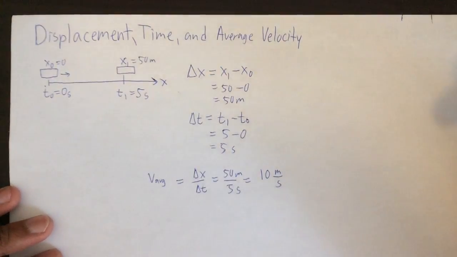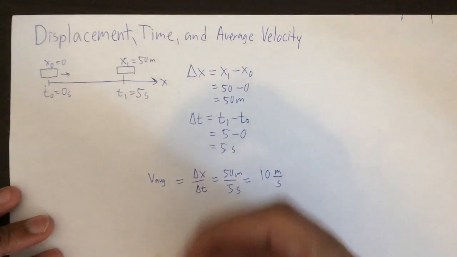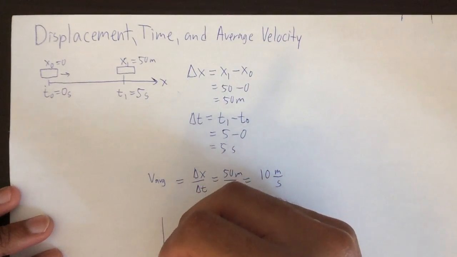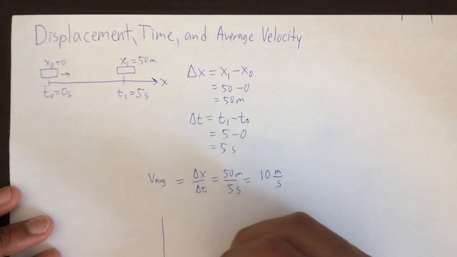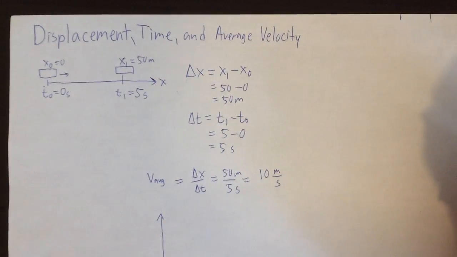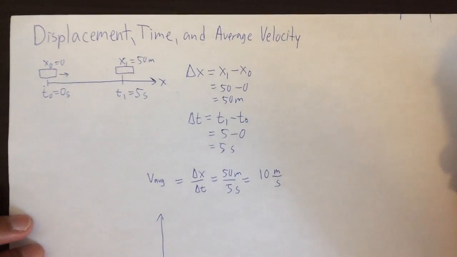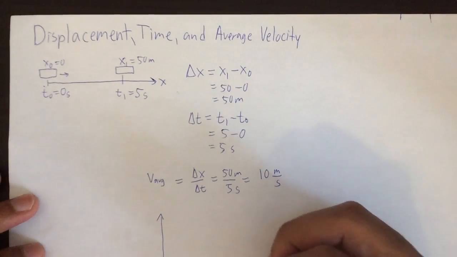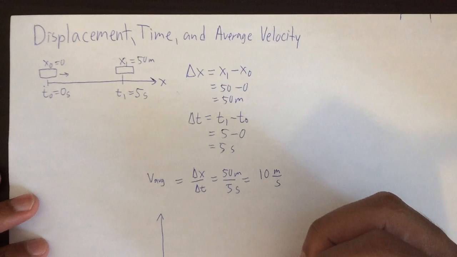So another way to look at these concepts is to look at it graphically, and this is going to help you out when we start talking about instantaneous velocities and things of that nature.